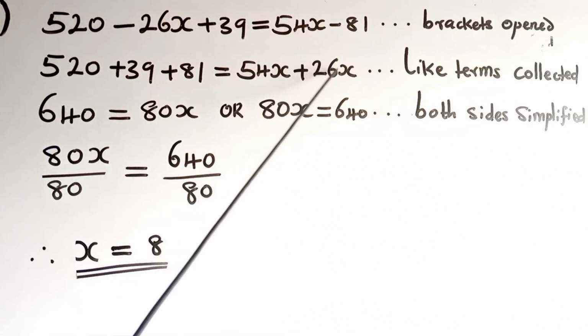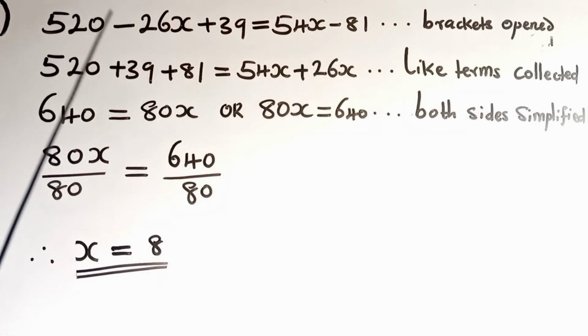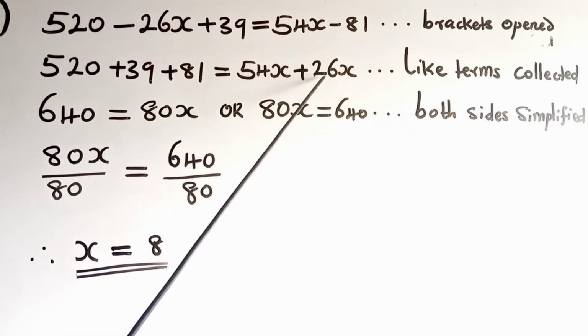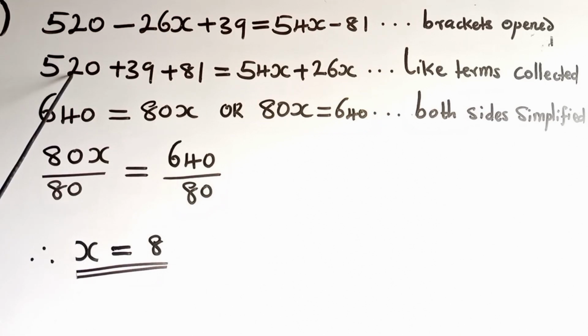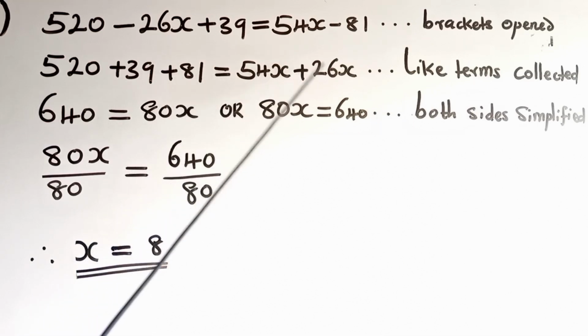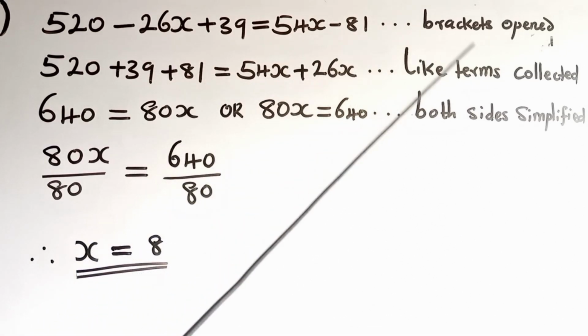And see it here. That means it is just as if this jumped the equality sign and came to be plus 26x, giving rise to 520 plus 39 plus 81 is equal to 54x plus 26x. Like terms have been collected.